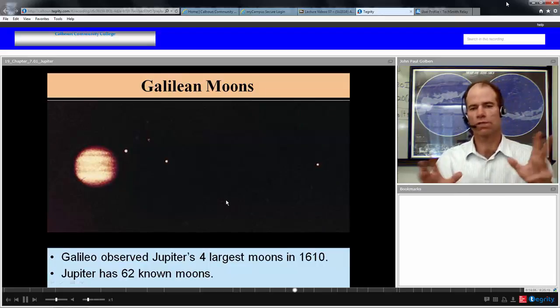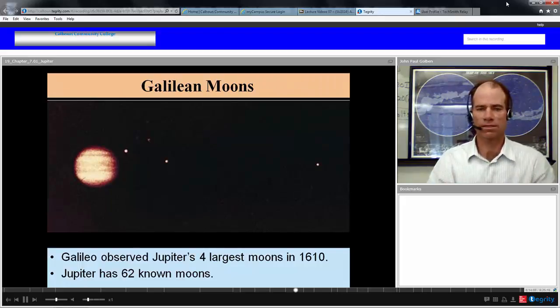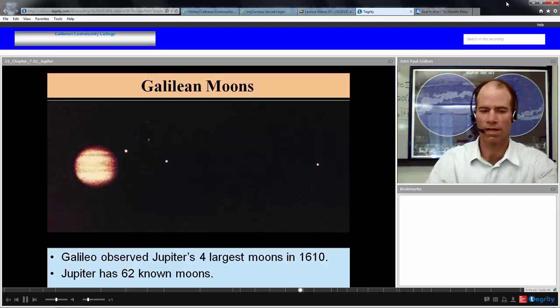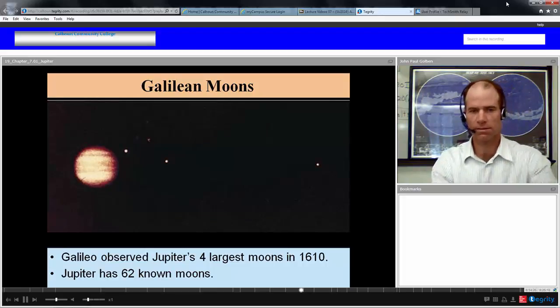If you were to observe these moons on a day-by-day basis, you would see their positions change daily. The closest one, Io, goes around in just about 1.5 days. So you would basically observe, as Galileo did, that these moons were going around the planet.